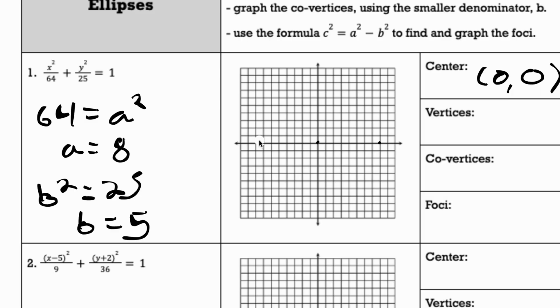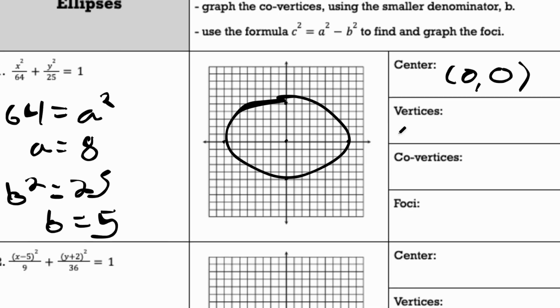And then we're going to go 5 units up and down. 3, 5. And now I just like to connect all of these. And I'm not the best at drawing ellipses or any sort of graph like this.